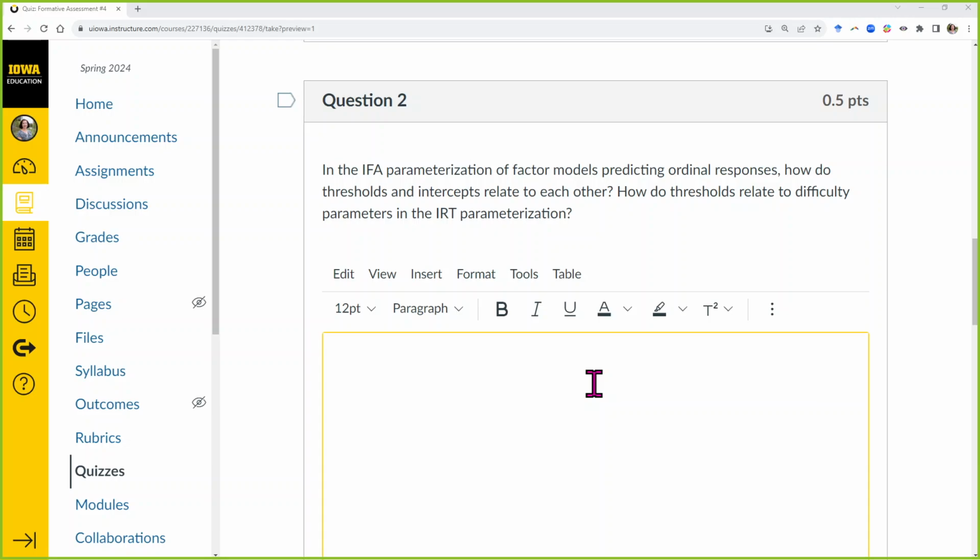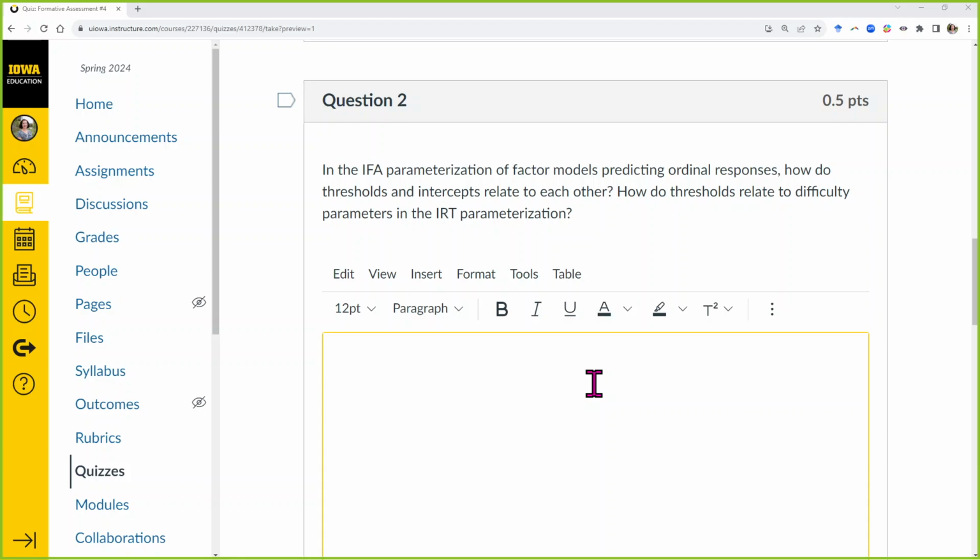Now, when we talk about ordinal responses or ordinal predictors, there is a substantial difference, which is the number of categories or the number of submodels that we have. Before, for binary items, we had only one submodel, and we were analyzing the probability of responding 0 or 1.